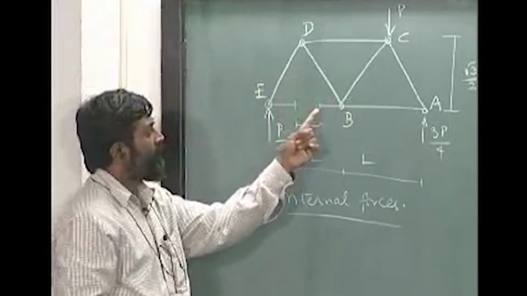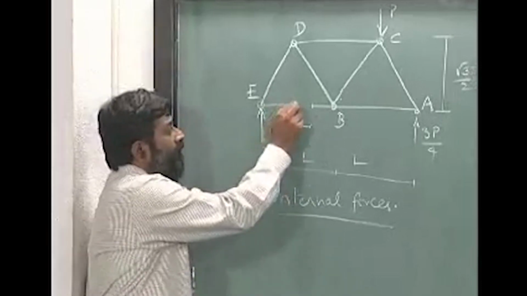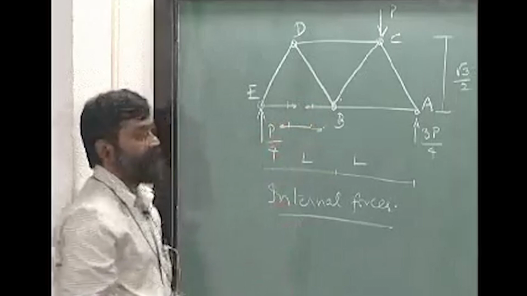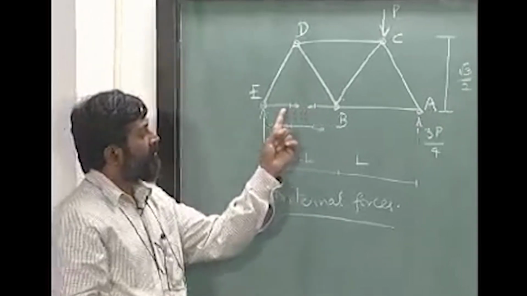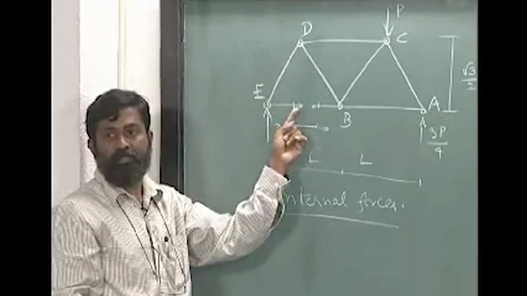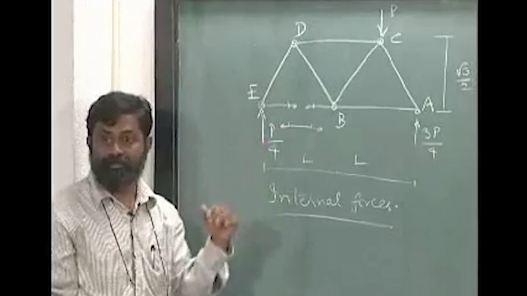I will have equal and opposite forces acting on this like this, right. Since they are equal and opposite in the structure, I will not be able to solve for this internal force. This is an important thing to understand.